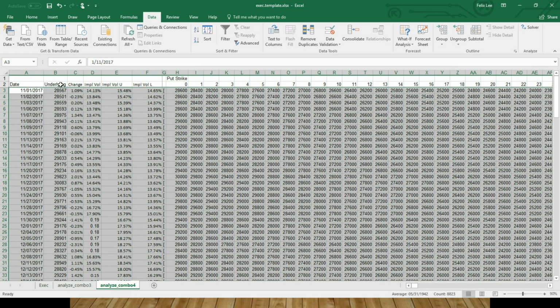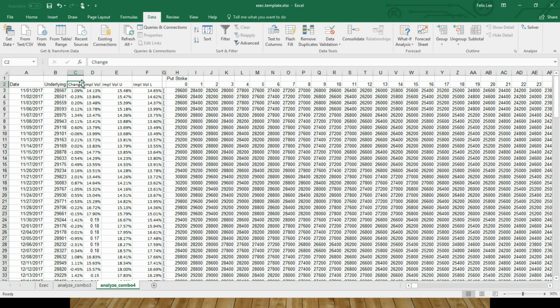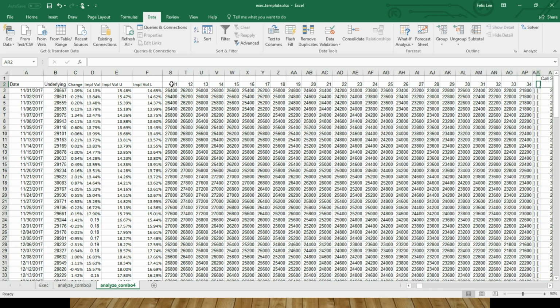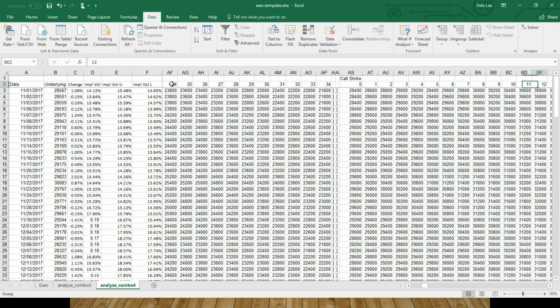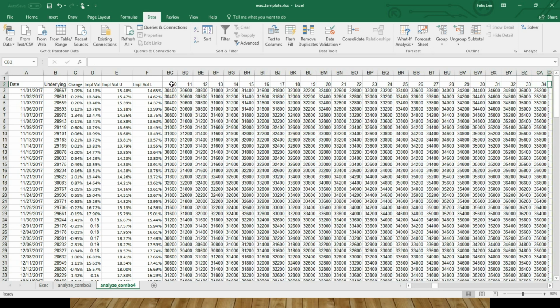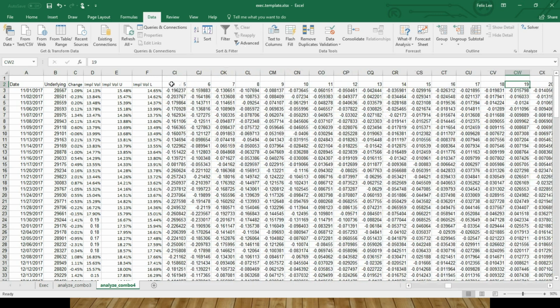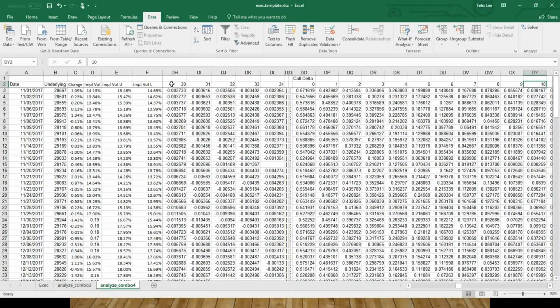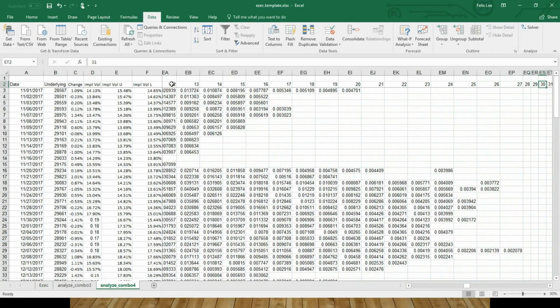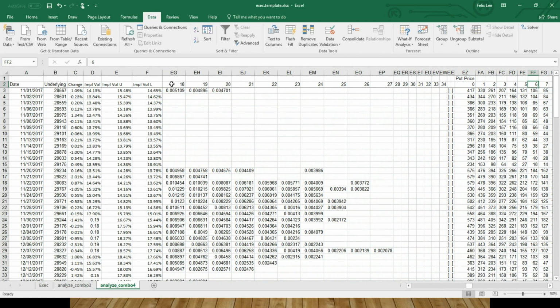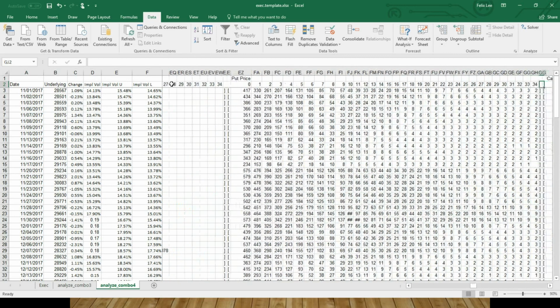This includes the daily return of the underlying for benchmarking purposes and the implied volatility which is calculated from this put and call strike. It also contains the implied delta of each put and call contract, and the end of the day price of each put and call contract.